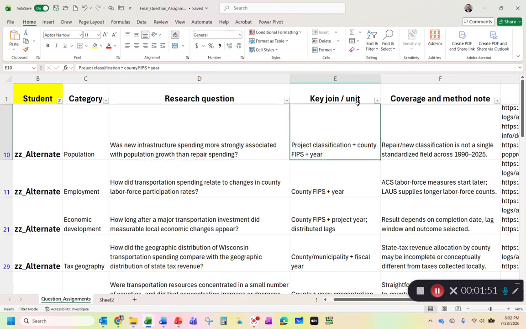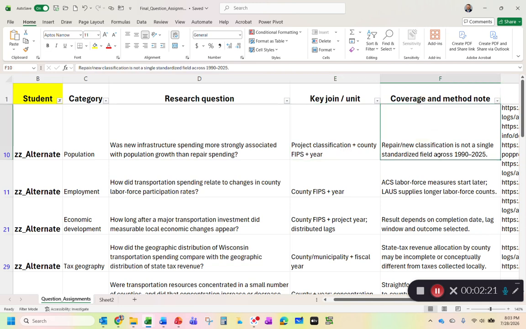What the key join unit is telling us is what information we need to put together. Whenever we join two data sets via a key, we're assigning a unique identifier to every single project and putting all that information together so that we can reference it across. This is the coverage and method note.